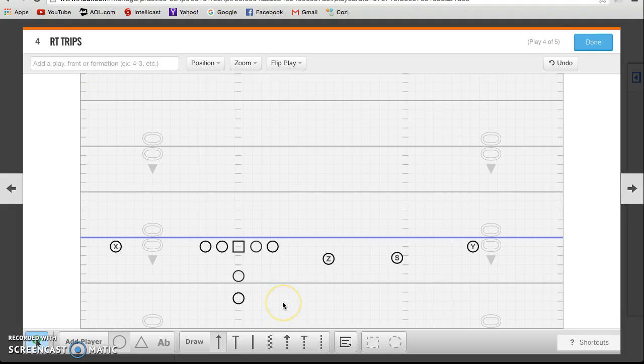All right. And as far as that goes in terms of trips, that's basically it. It's actually a little bit easier to understand trips than it is to understand spread.